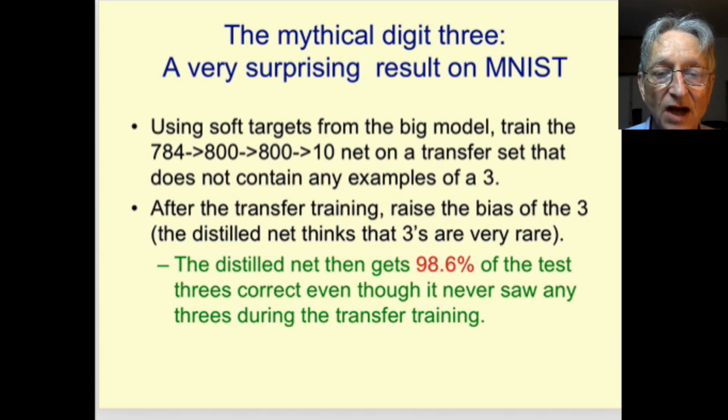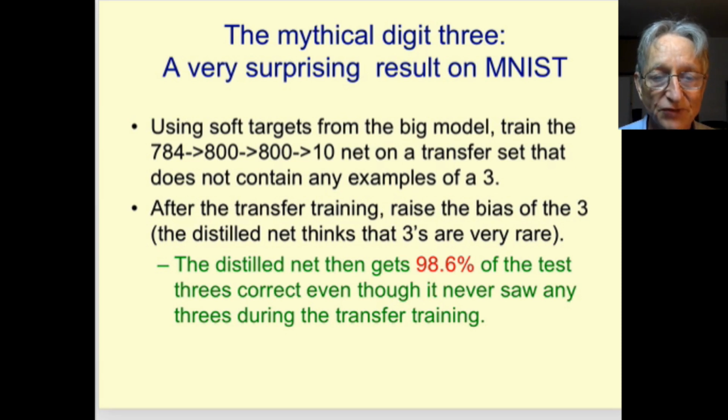And after training like that, never having seen a 3, obviously it believes 3s are very rare. So then we simply raise the bias of the 3, so it doesn't think they're so rare anymore. It thinks they're about as common as other things. And now, if you take that small distilled net, it's very good at 3s. It's almost as good at 3s as it is at other classes.